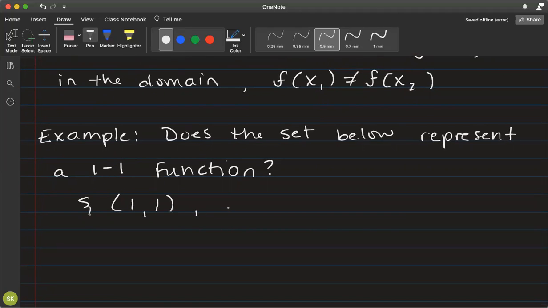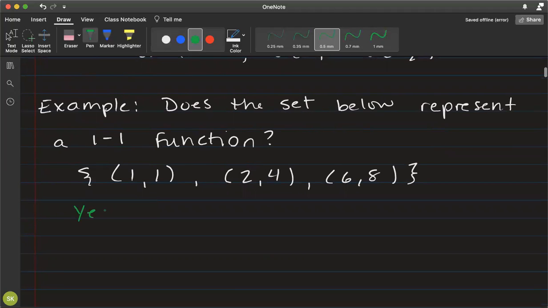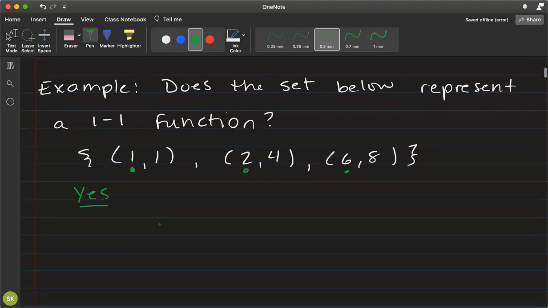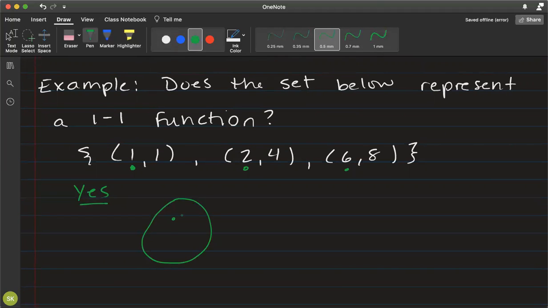(1, 1), (2, 4), (6, 8). So the answer is yes, because 1, 2, and 6 are all in the domain, and you could draw a picture if you wanted to. You could put 1, 2, and 6 like this, and then make your range over here: 1, 4, and 8.